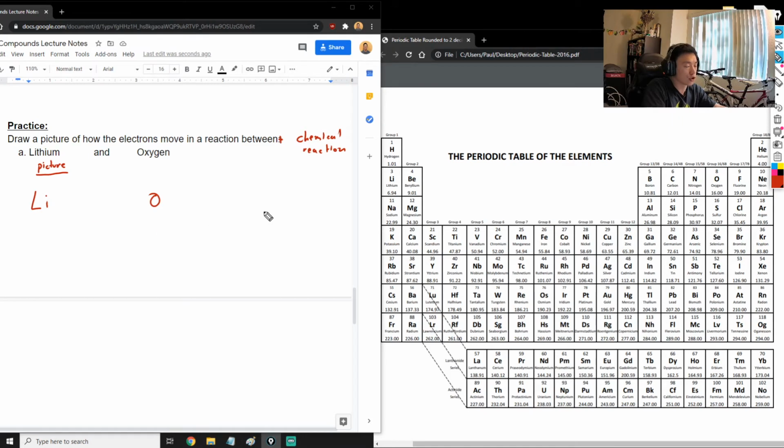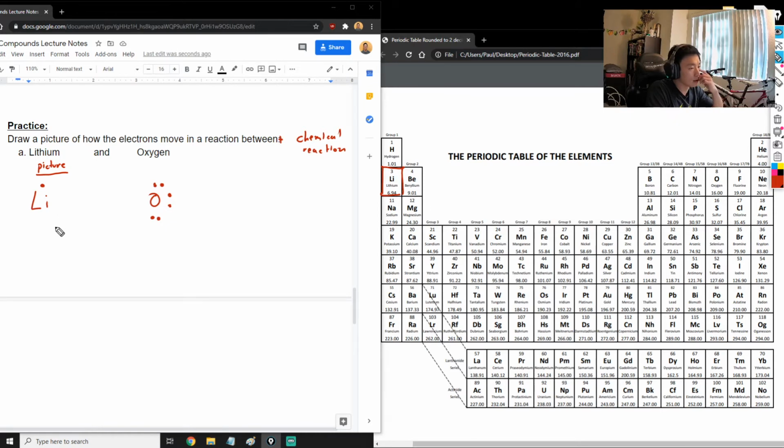So lithium, if we draw the Lewis structure, lithium is the first element, the first box in the second row. So Li has 1 valence electron. Oxygen is box number 1, 2, 3, 4, 5, 6, so it's going to have 6 valence electrons.